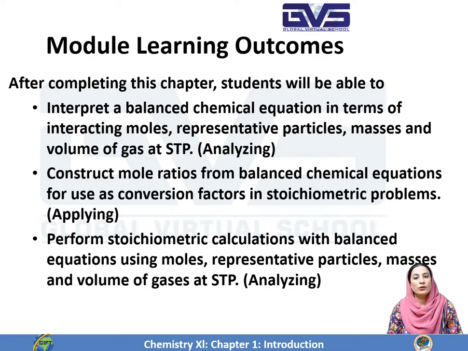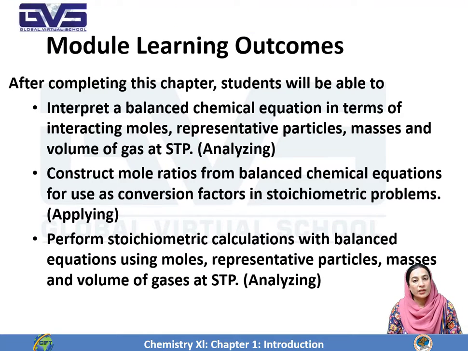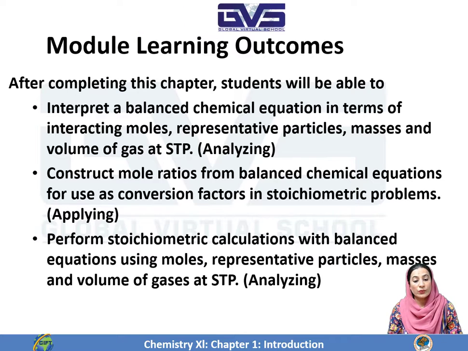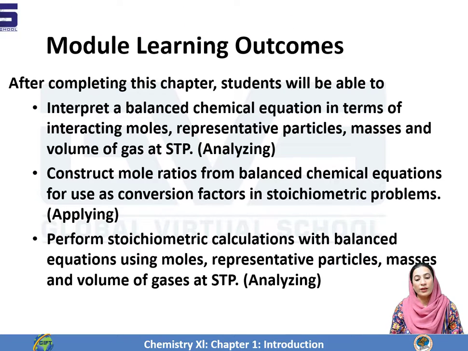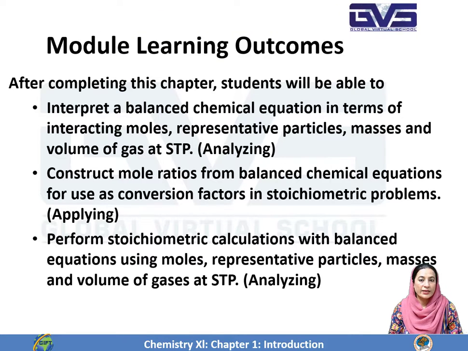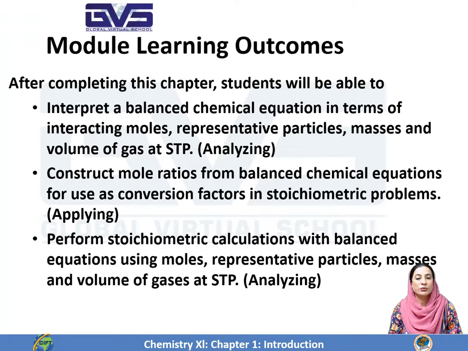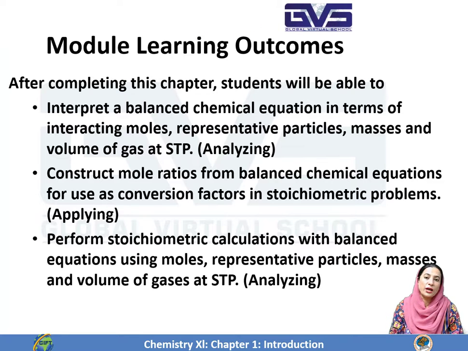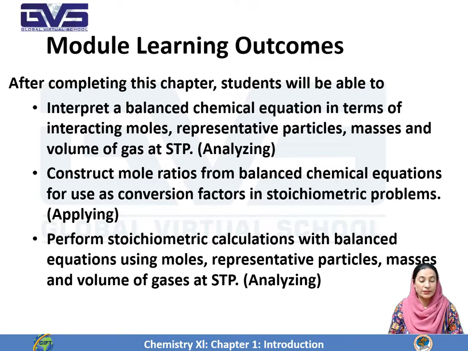Then you will be able to perform stoichiometric calculations with a balanced chemical equation using moles, representative particles, mass, and volume of gases at standard temperature and pressure. What is standard temperature and pressure? All of this we will discuss in particular topics.